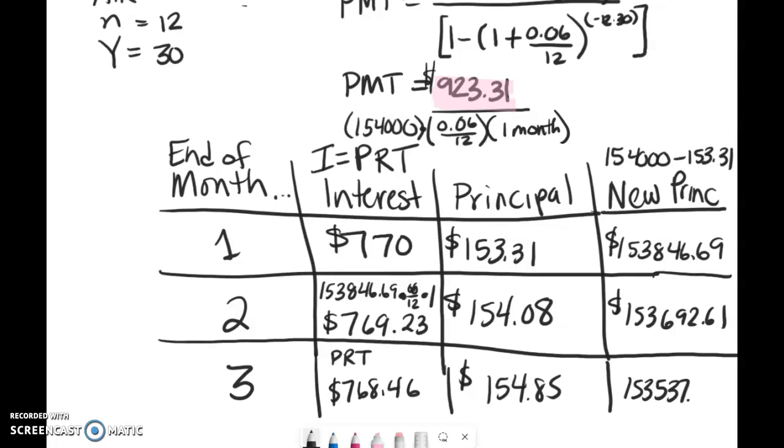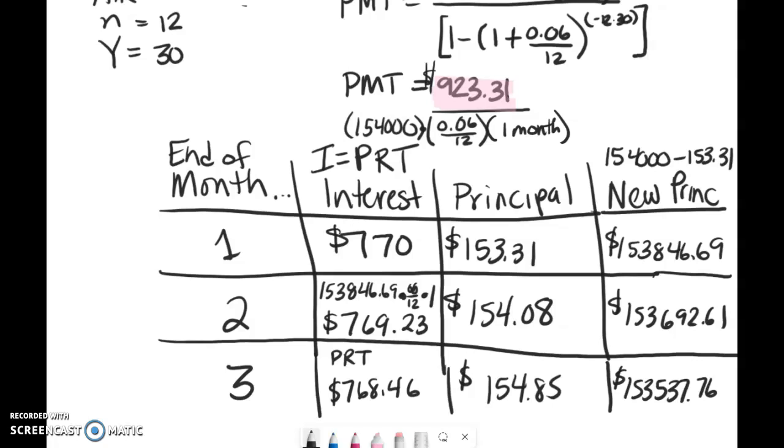So as you get closer to the end of your loan, 30 years later, the amount that goes towards interest will be almost zero. More of it will go towards principal, and your balance will eventually get down to zero.